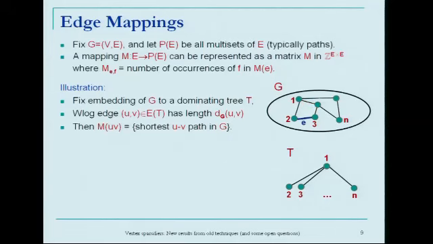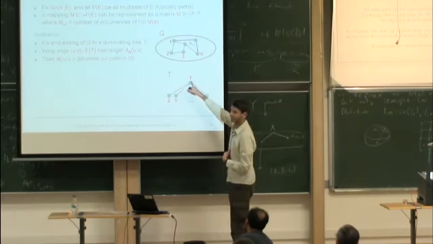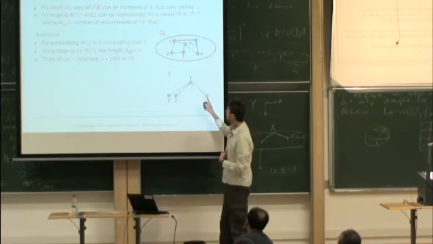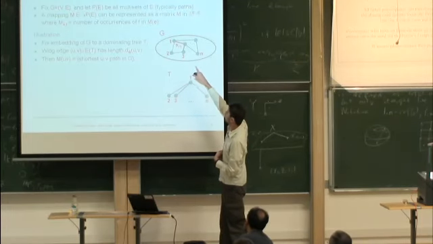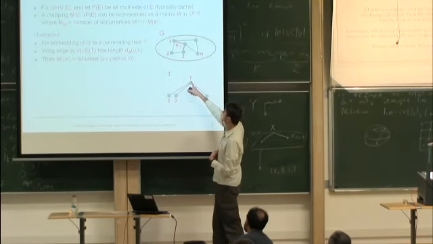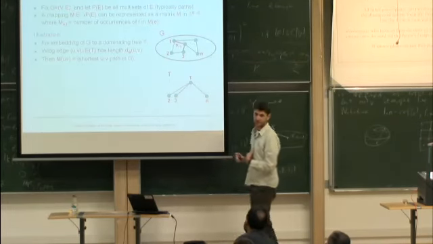Now what we want to do is route according to the tree structure, because we fixed this tree. What I mean is that this path S_1n corresponds to this edge 1n here, and the shortest path from 1 to 3 corresponds to the edge from 1 to 3 over here.